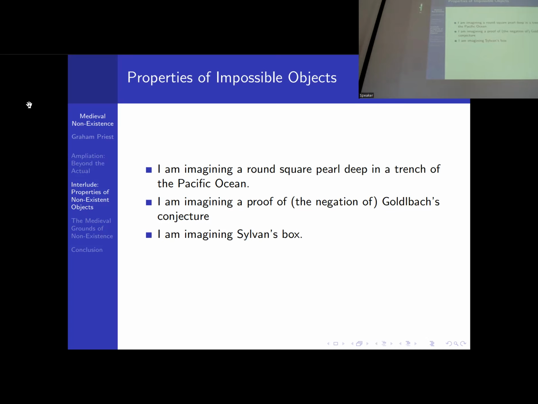It's a box that's both full and empty. Okay. If you don't know the story, I like it. Read the story. And so you read the story, and you will imagine me and Nick finding this contradictory object. Okay, believe me. So you can certainly imagine impossible things.